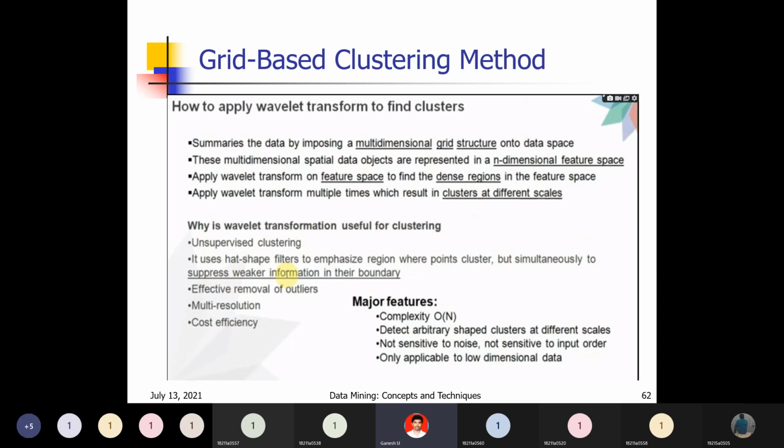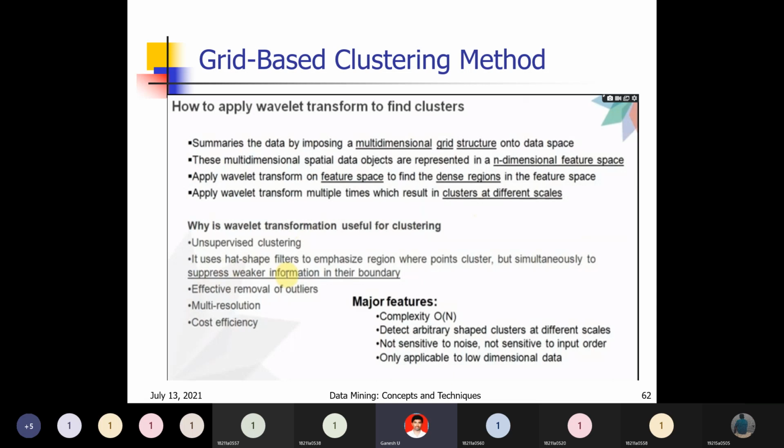So wavelet transform can be applied, and we can find the clusters by summarizing the data. How do we summarize on a multi-dimensional grid structure? You are imposing, summarizing, combining the data. So in the data space in multiple dimensions, you can combine the data and form clusters.